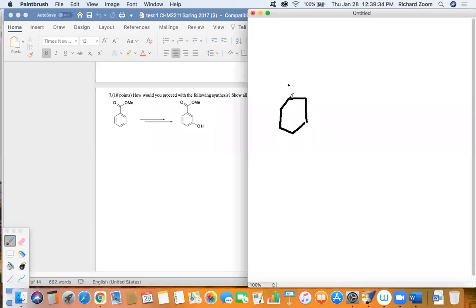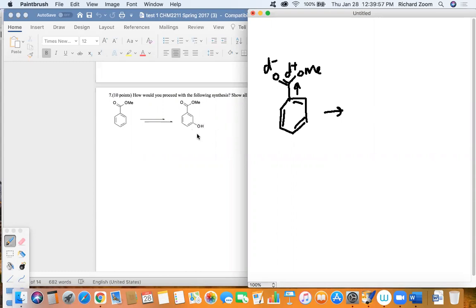So what you've got is a group which I would consider to be deactivating because it's got the C double bond O here, so we've got a delta plus, delta minus. So we know it's electron withdrawing or deactivating.